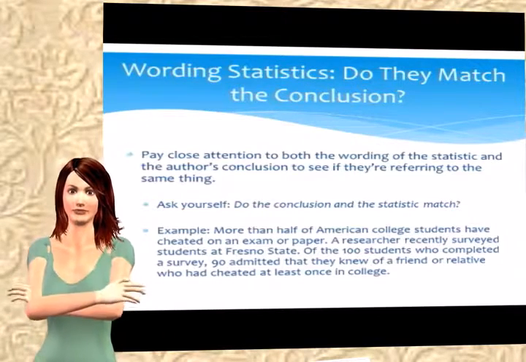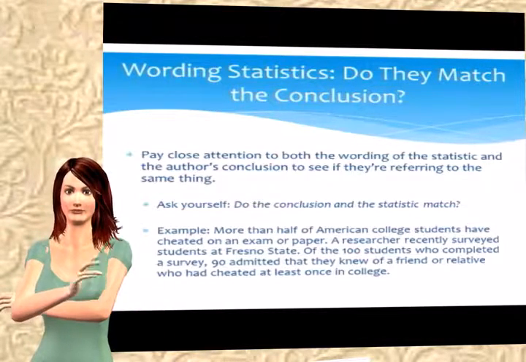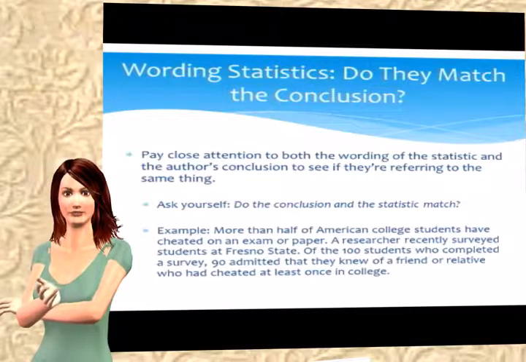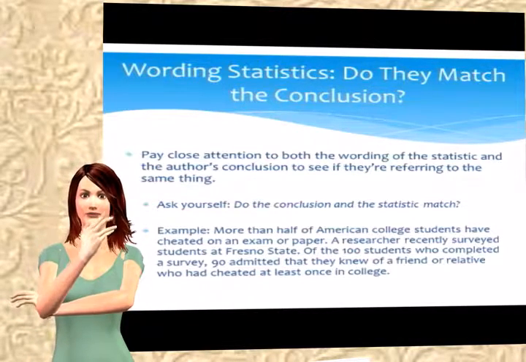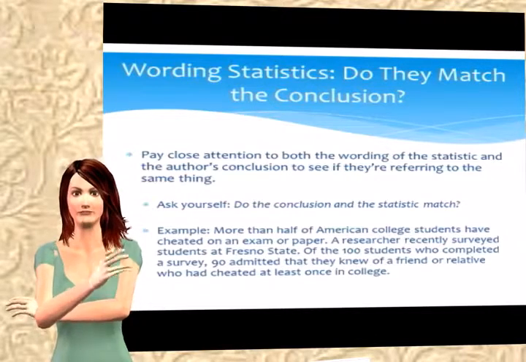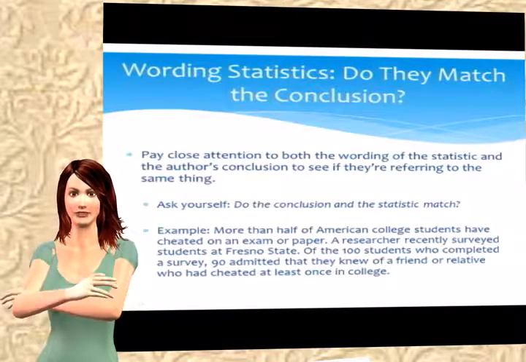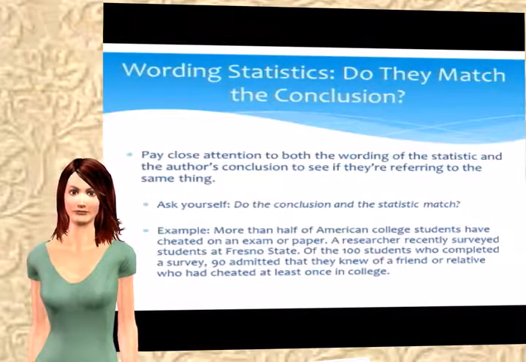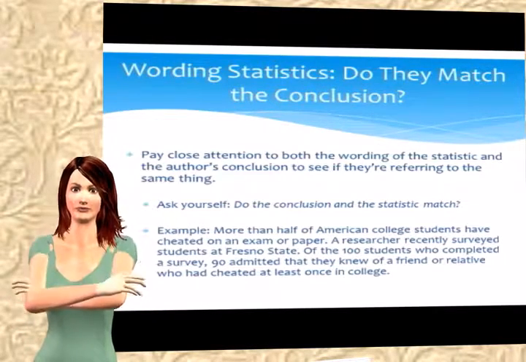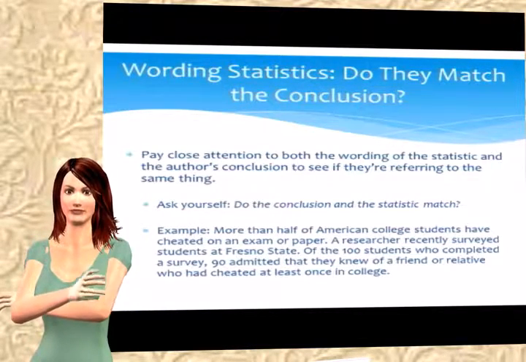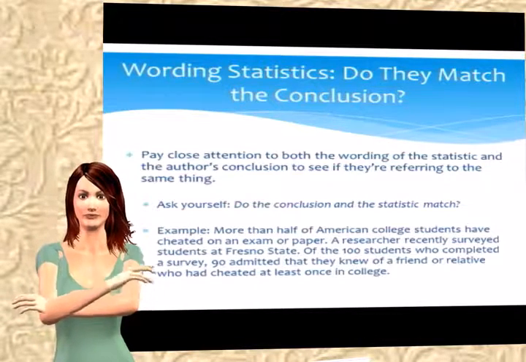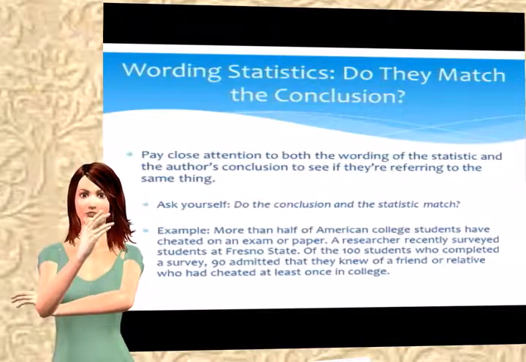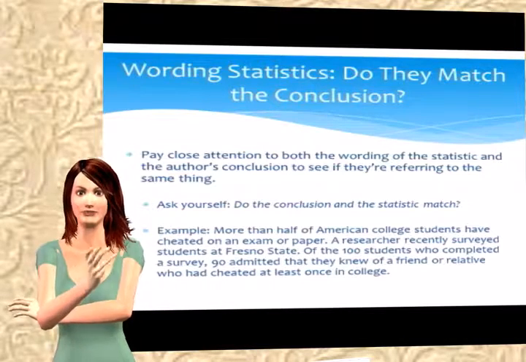So you want to ask yourself, wait a second. Does this piece of evidence actually support the claim that more than half of American college students have cheated on an exam or paper? And your critical thinking red flag should go up and you say, wait a second. The survey actually refers to people who knew a friend or a relative, but the conclusion the author is trying to make is that college students, right, that more than 50% have admitted to cheating themselves on a paper or exam.